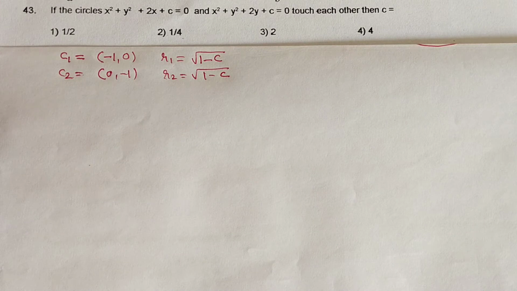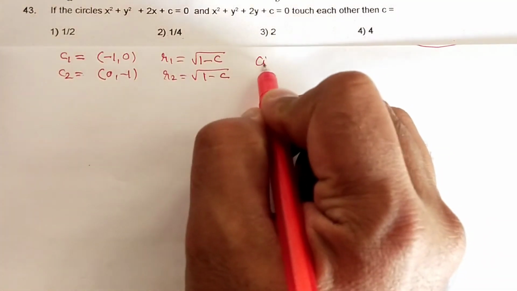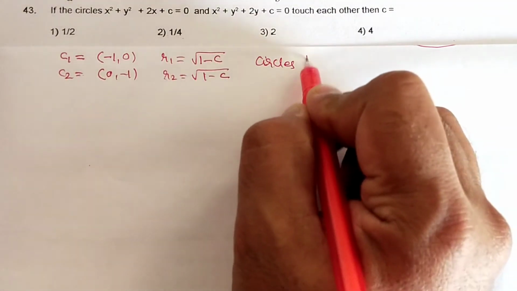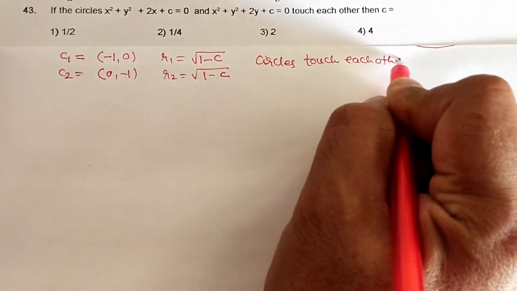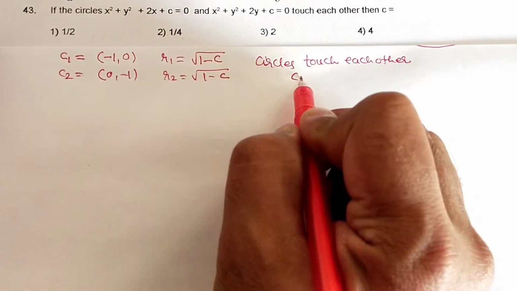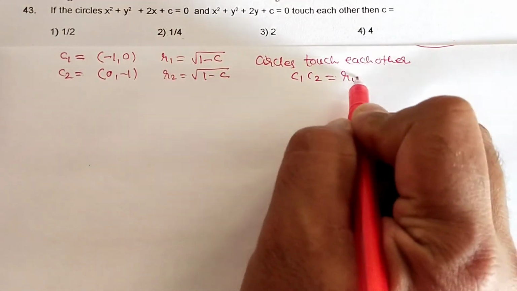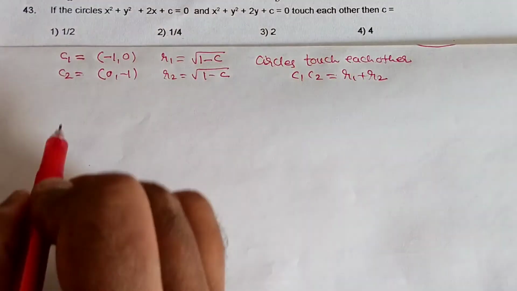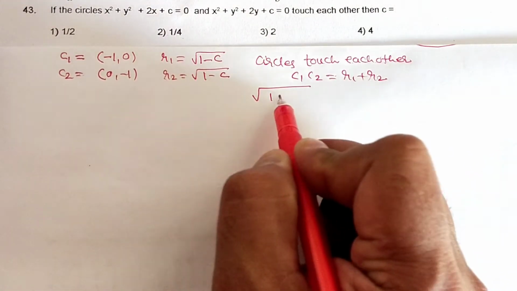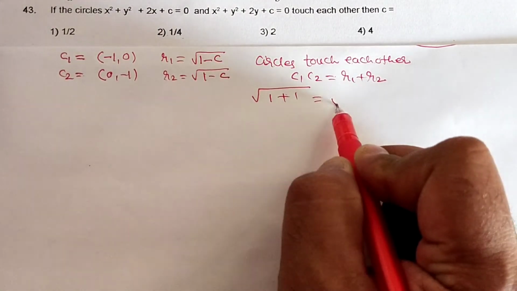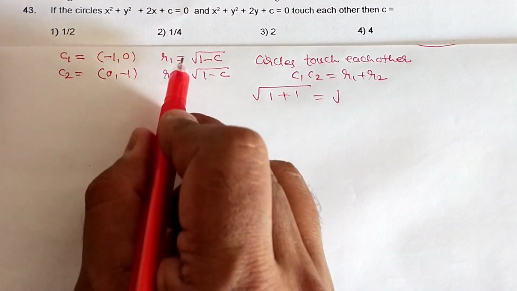After that, whenever the circles touch each other, C1C2 is equal to R1 plus R2. C1C2 means the distance between them: square root of 1 square plus 1 square is equal to R1 plus R2. Both the radii are the same only, no?